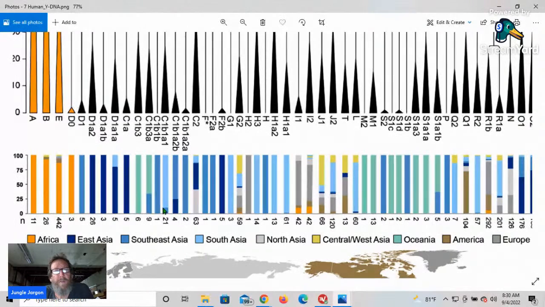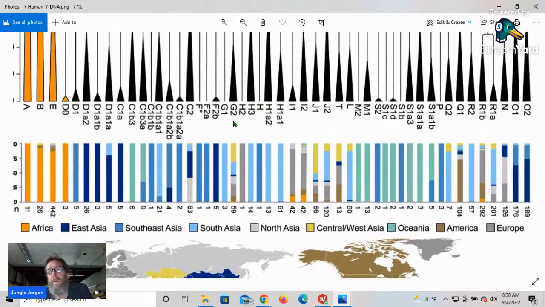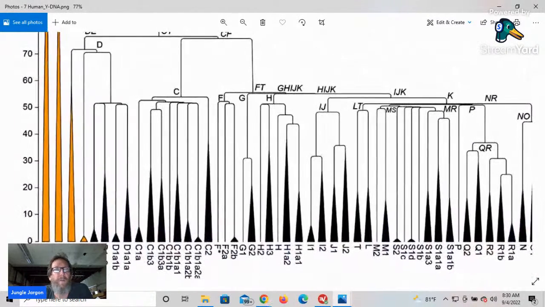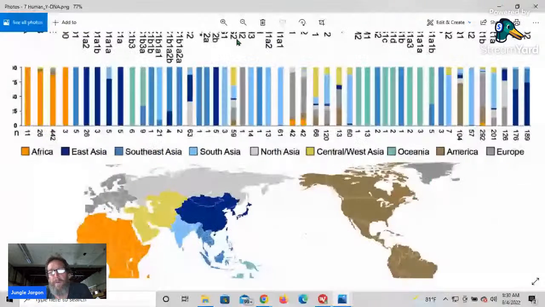C is in Asia. Of course, the C3 is missing here, but that's another story. But it's interesting what you have here, because this is supposed to be indigenous populations to the area of America, and all these areas are supposed to be indigenous populations. So they sampled all these indigenous populations, and this is what they came up with.